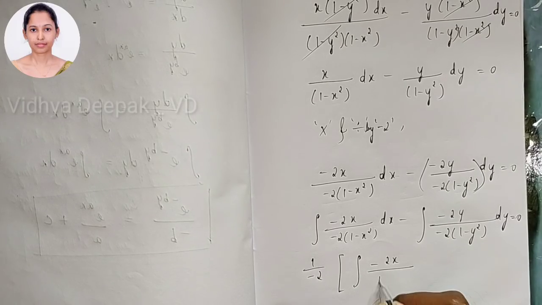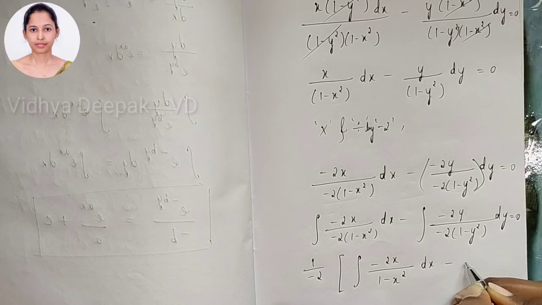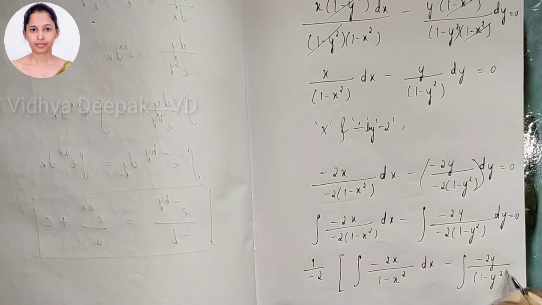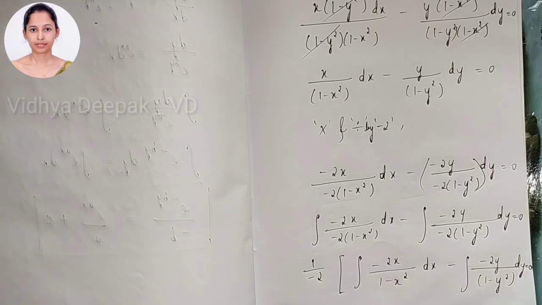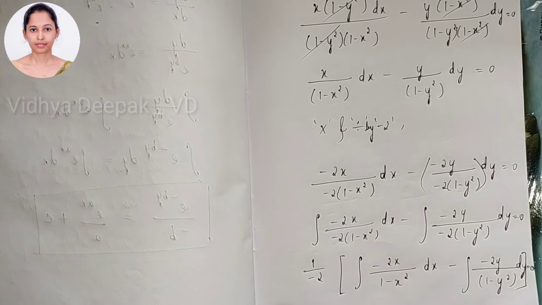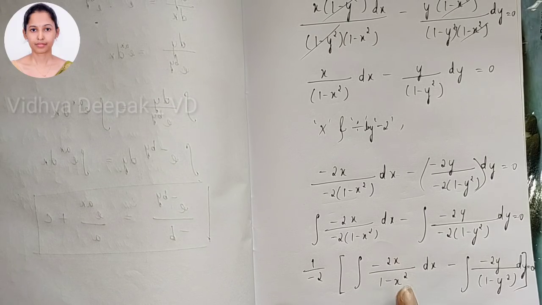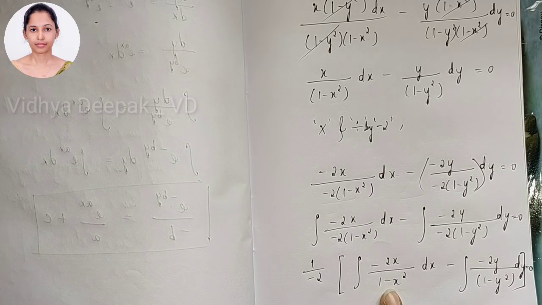The integral of −2x/(1 − x²) dx minus the integral of −2y/(1 − y²) dy is equal to 0. Now this is of the form integral of f′(x)/f(x) dx equals log of f(x), so log of the denominator.